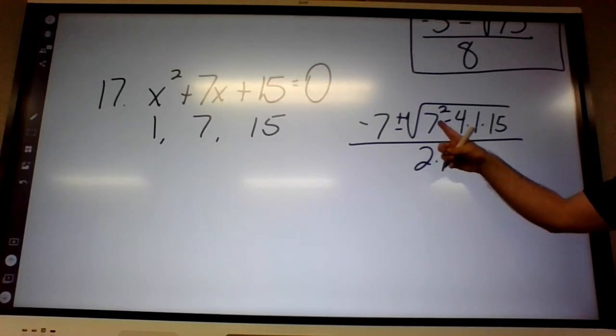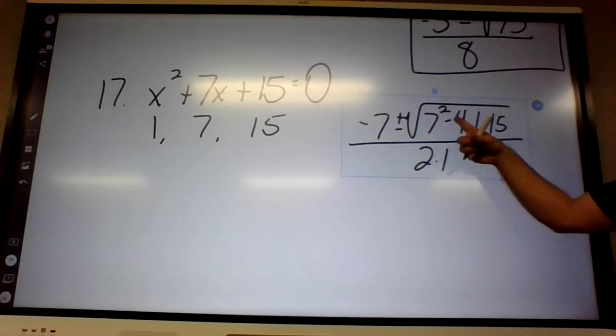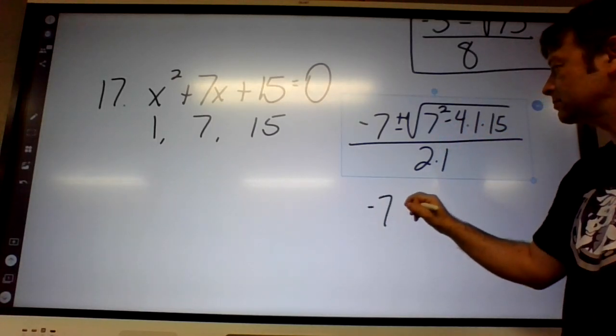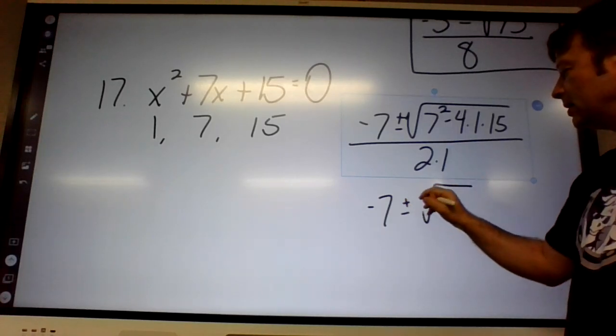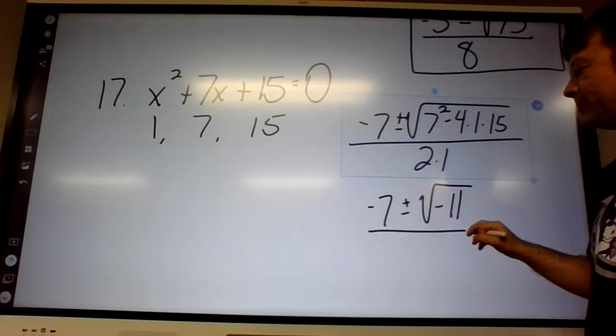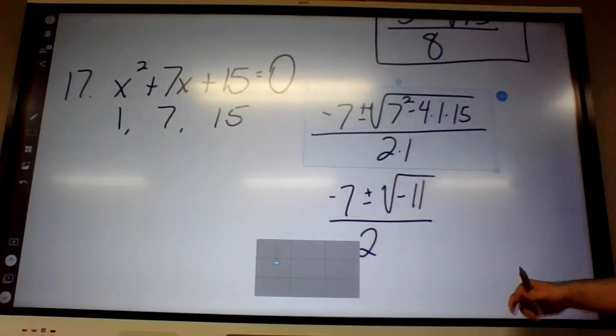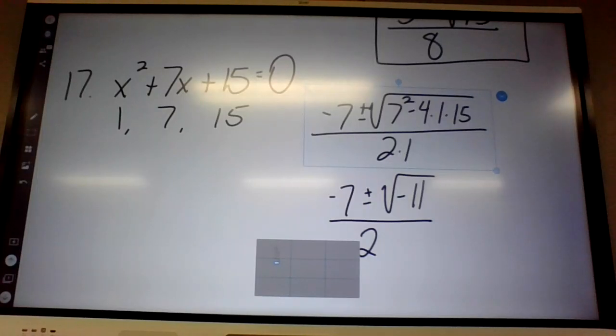Why will it say error? This is imaginary. 49 minus 60 is negative 11. If you type it in right, it'll say error. Or, well, if you have a white calculator, it works.